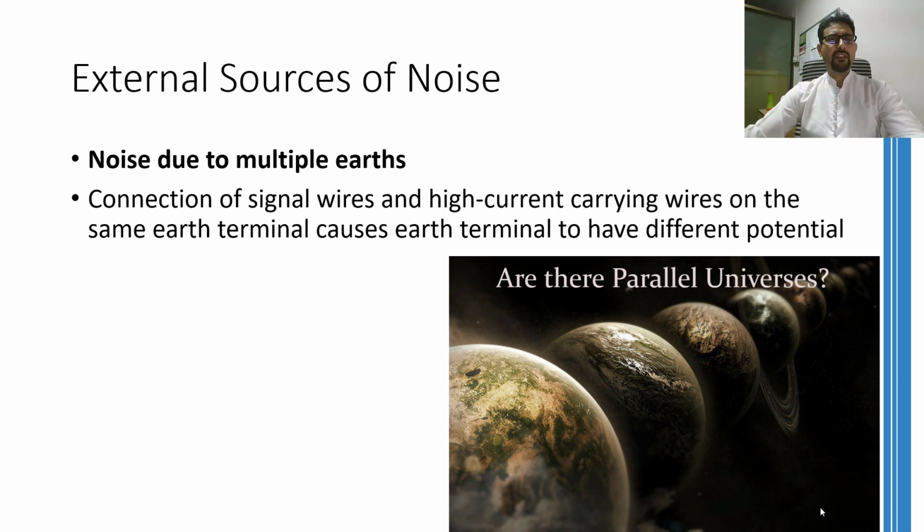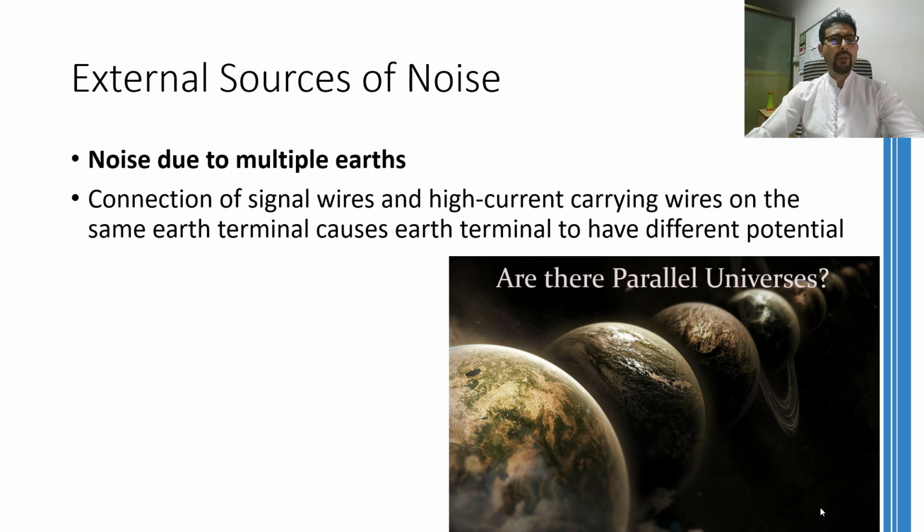And if any earth is at a different potential than the other one, then the signals between the wires may not be compared with each other. The other case is that if you are using the same earth for a high current carrying wire and a low signal carrying wire, the high current carrying wire will change the potential of the earth and hence will disturb the reference of the signal carrying wire.